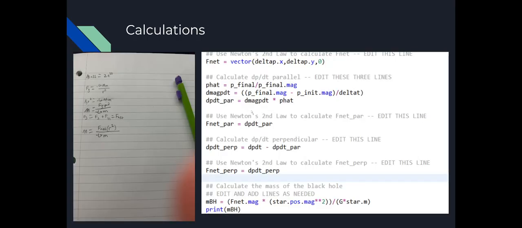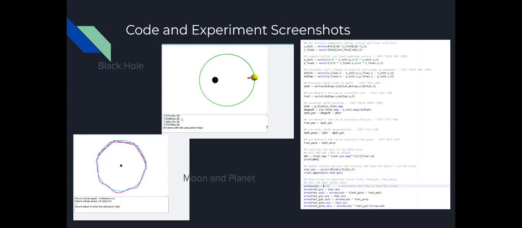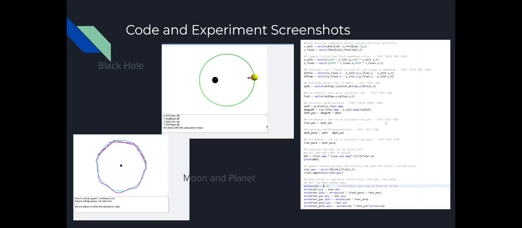Okay, so I was able to basically just calculate the mass of the black hole here by calculating each component. So you can see I was able to find the change of velocity, change in momentum, and then use that to find the total net force, and then use that to split it up into the perpendicular and parallel forces.